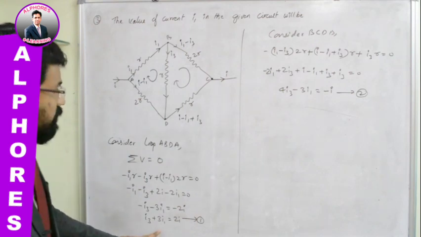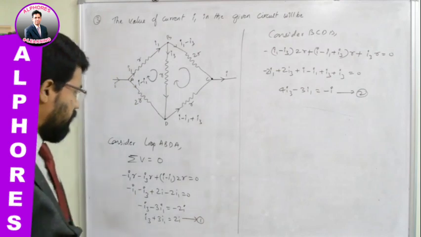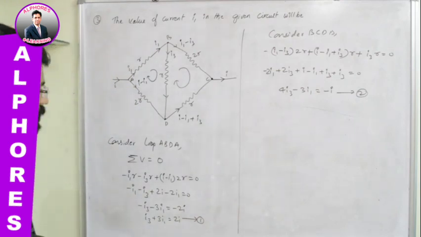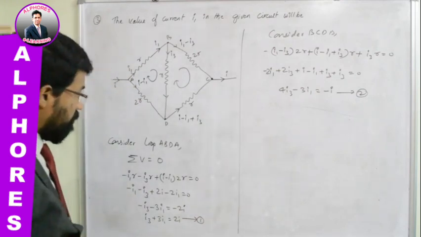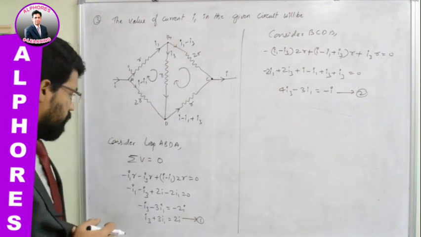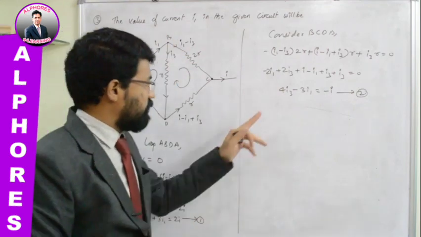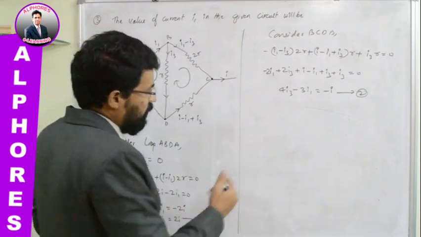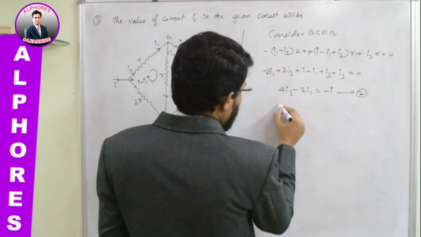Now here 3I1 is there, and there minus 3I1 is present. So what you can do is you can add these two equations. But what is our final aim? We wanted to find out what I1 is. So let us get rid of this I3. Okay, we can do that. I'll multiply the minus sign on both sides.